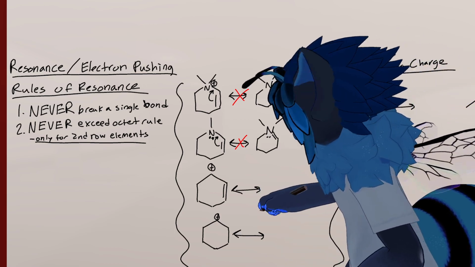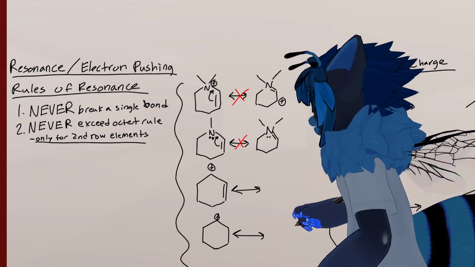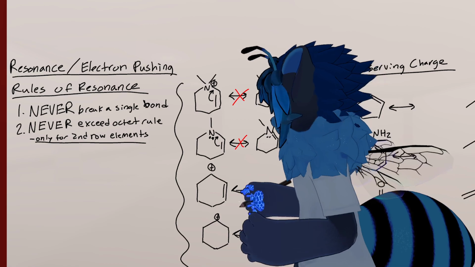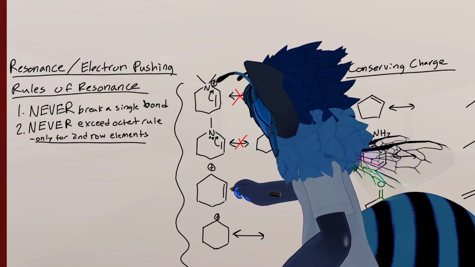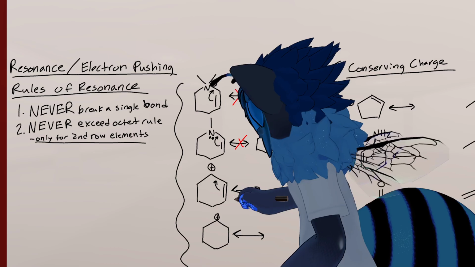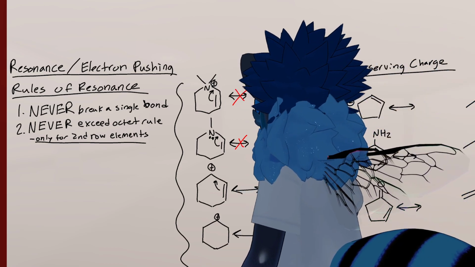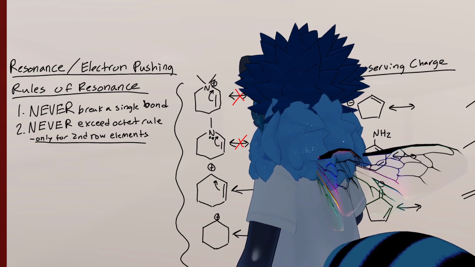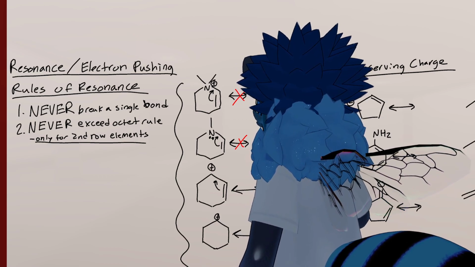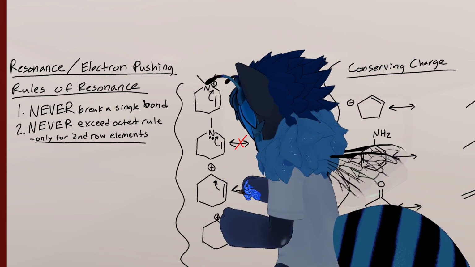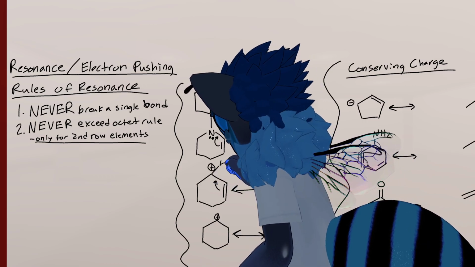For this structure right here, we have a carbon that's positively charged, so it's missing some electrons. Can this alkene move here? This resonance form would be valid, because the carbon over here only has 1 hydrogen.